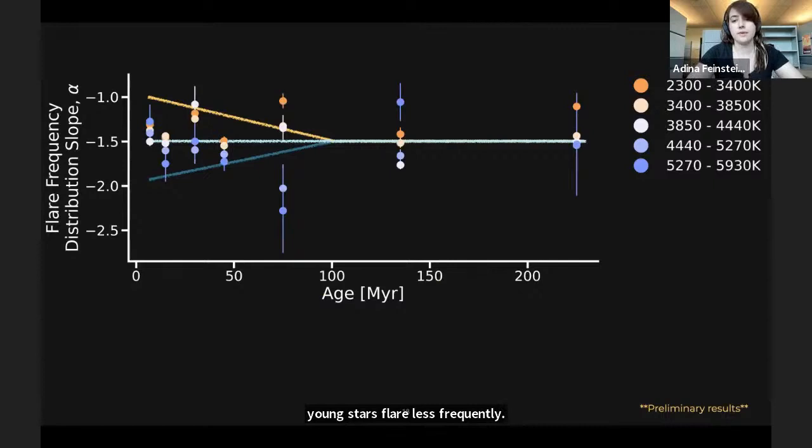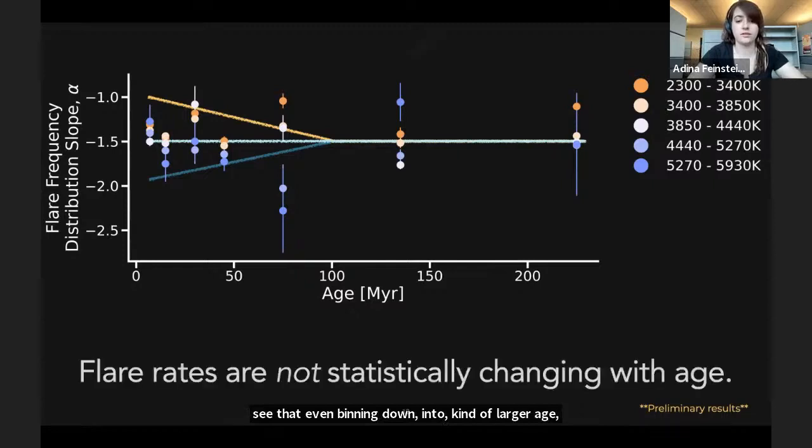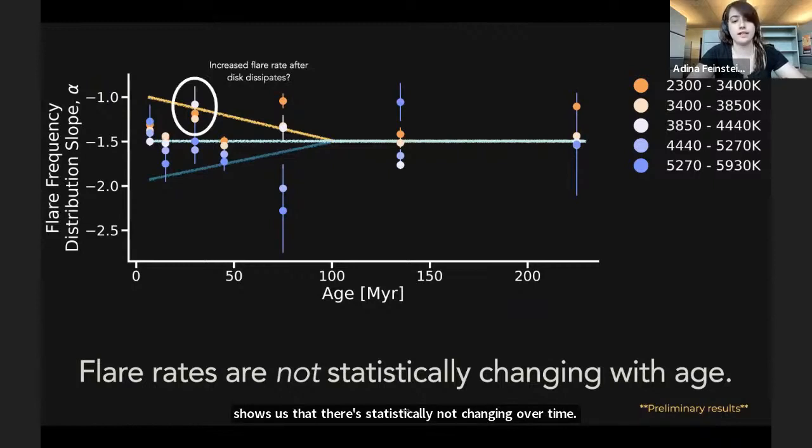And you can see that even binning down into larger age ranges, there's really no evolution going on, which shows us that they're statistically not changing over time. Maybe there's an exception where you see an increased flare rate in the M and K type stars at about 15 million years old, after the disk dissipates, but I'll have to dig into this a little bit more to see if that's maybe true.